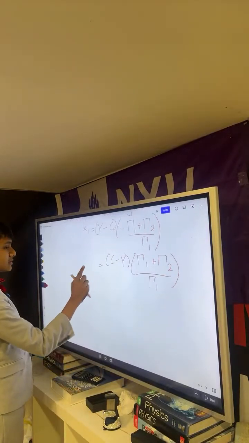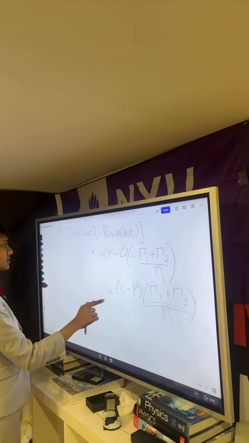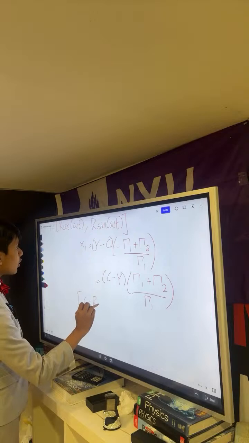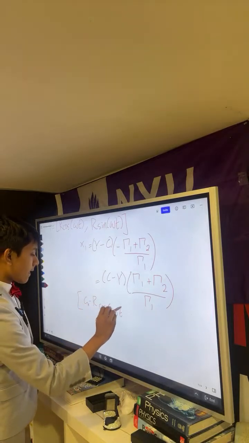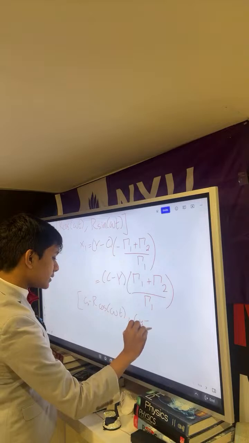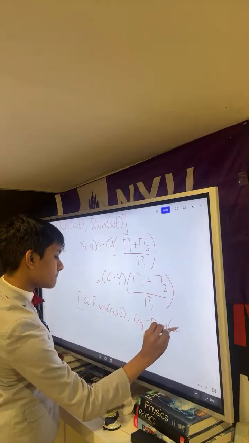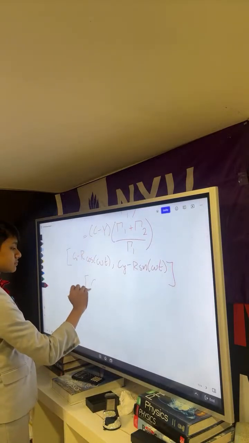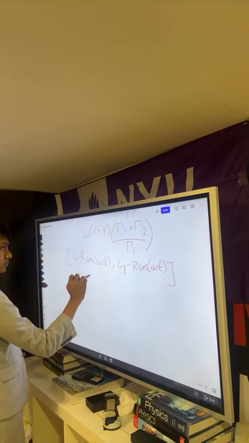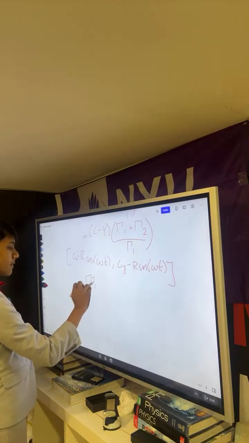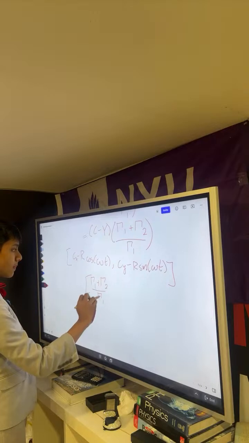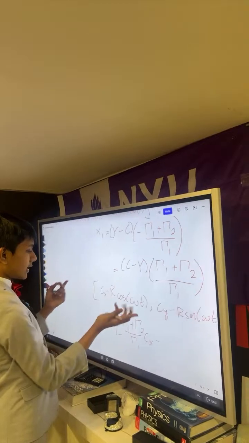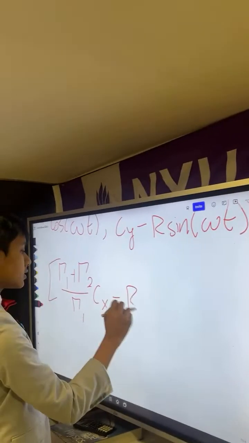Okay, so that means that C minus y is just going to be Cx minus r cosine omega t, Cy minus r sine omega t. And then you multiply it by this. So you get minus, recall what r was. Well, actually, we don't have to recall what r was. It's constant.